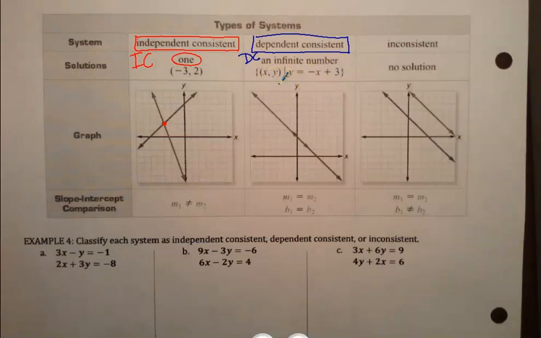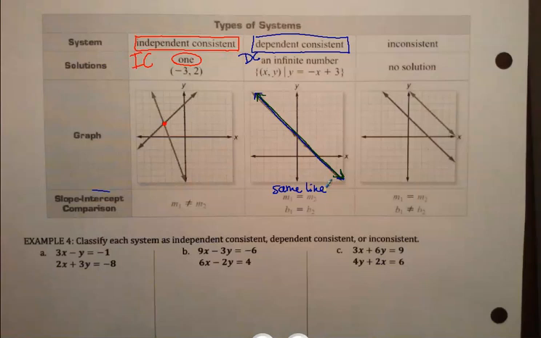And notice what happens because it has an infinite number of solutions. It's because one line sits right on top of the other line. So if we compare their slope-intercept forms, they have the same slope and they have the same y-intercept because they're the exact same line.